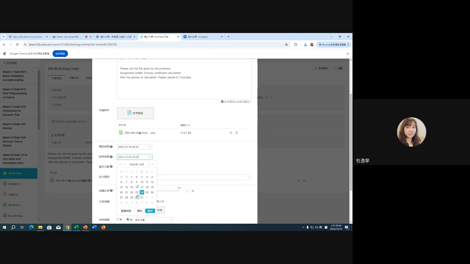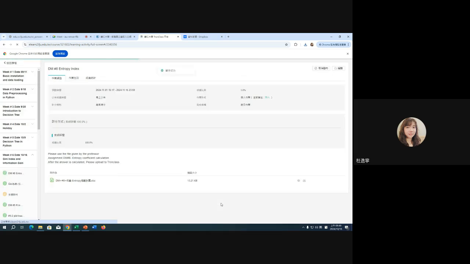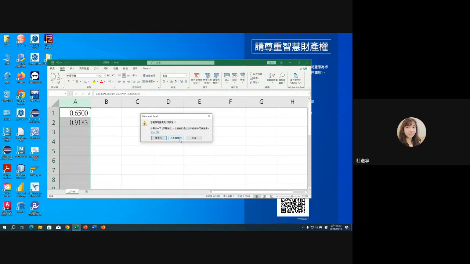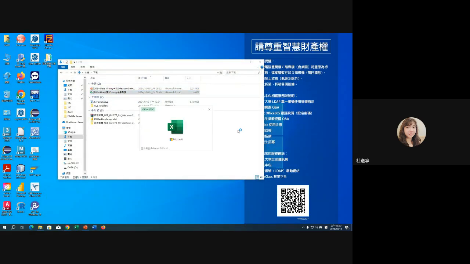Please prepare. All the assignment deadlines will be on the 29th, because it is before the exam, so please remember. Some students sometimes forget. So please download it and I will demo the first one.